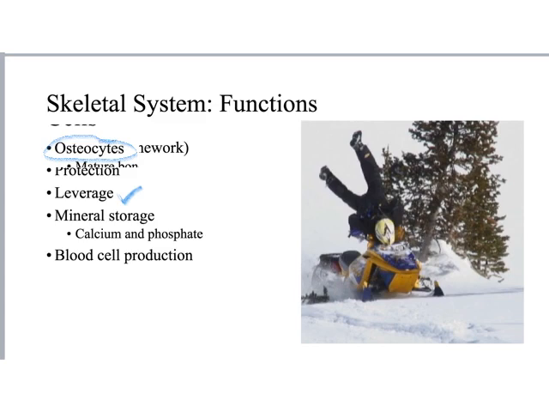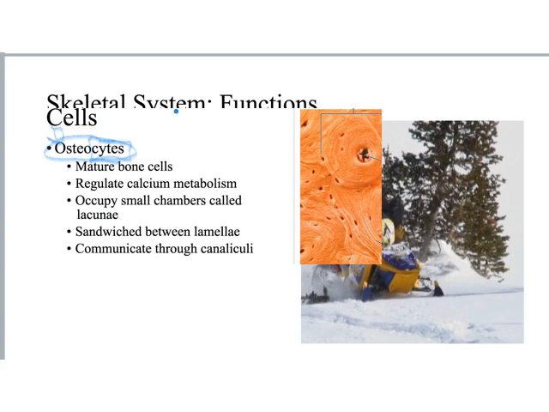Remember, we talked in class that this term cyte means cell. And you're going to see here that osteo is going to be the root word for bone, right? So osteocytes are the cells which make up bone.